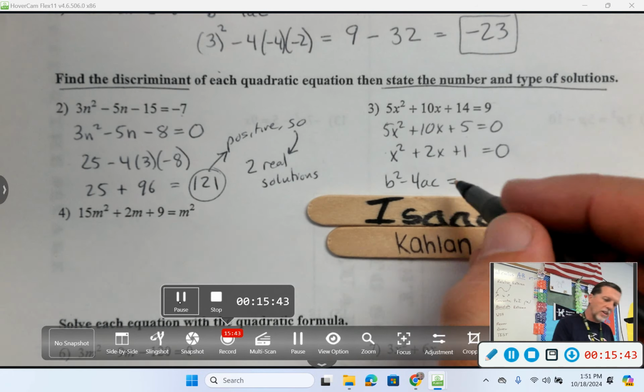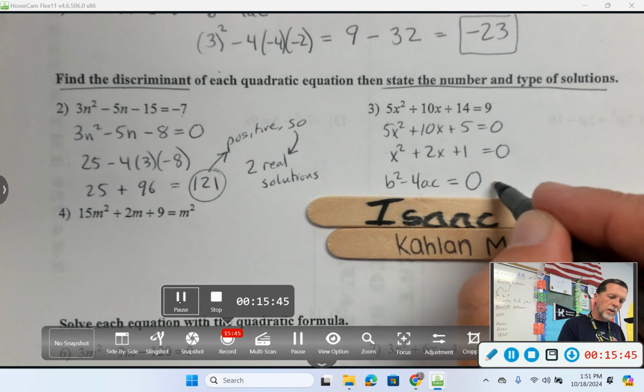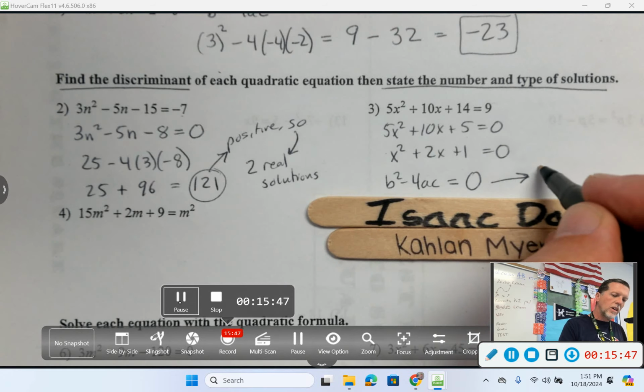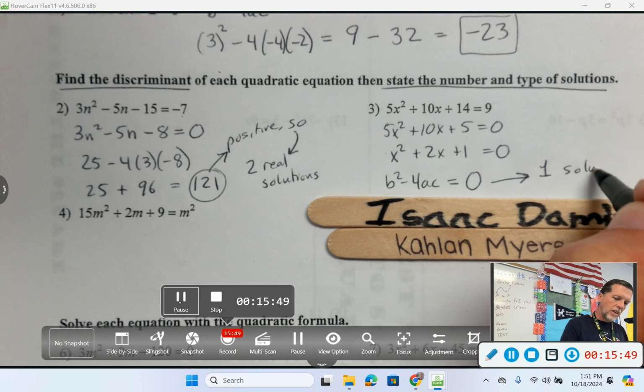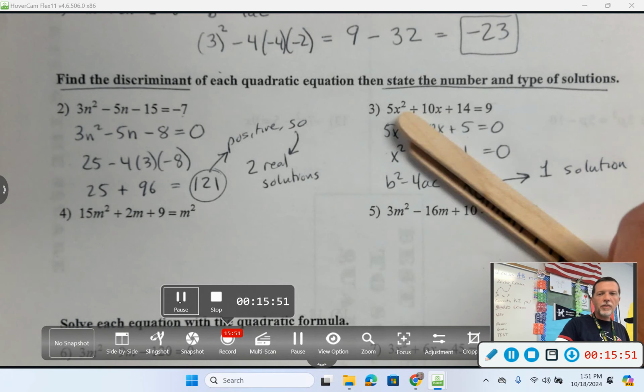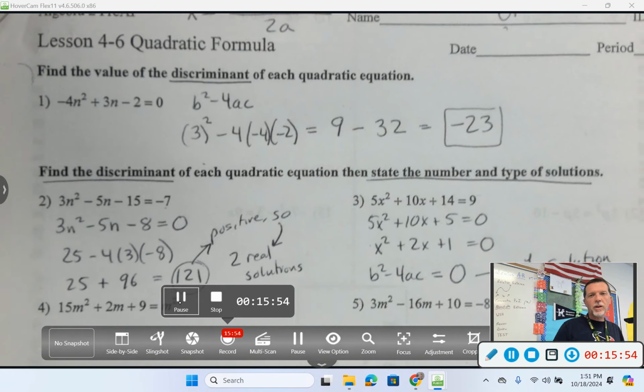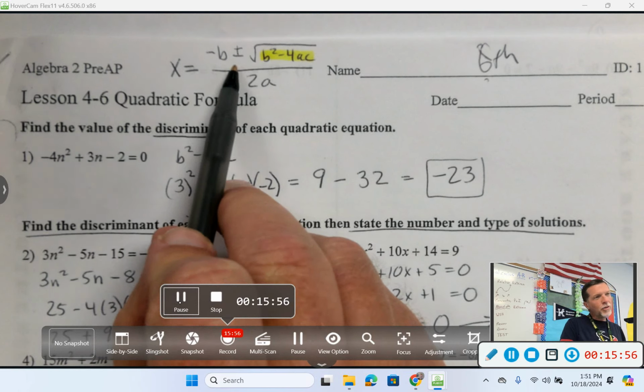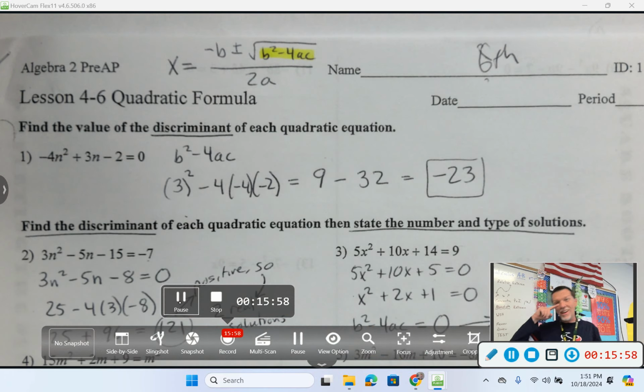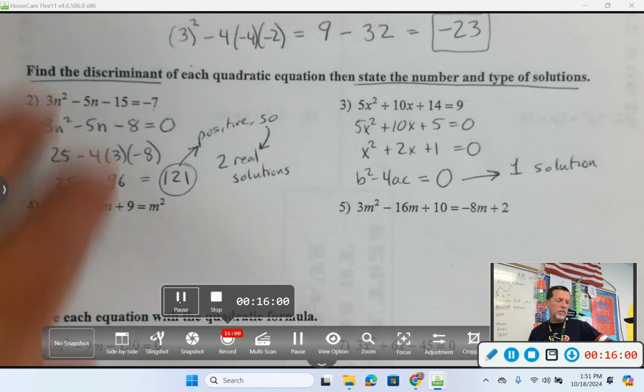It is 0. Colin, what does that mean? If b squared minus 4ac is 0, there's one solution. Again, you're not really memorizing that. You're thinking back to the equation and realizing if you do plus or minus 0, that's the same thing, so you get one answer.